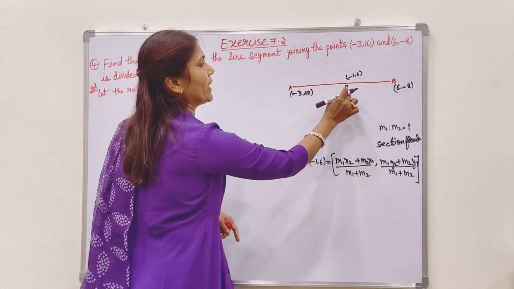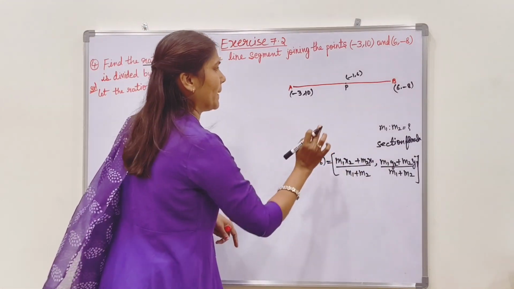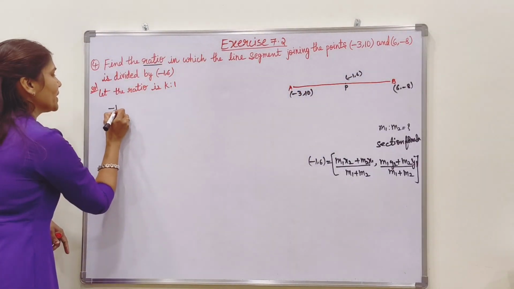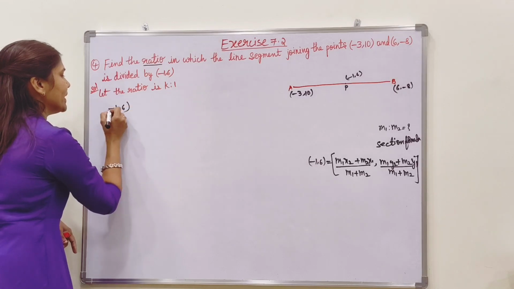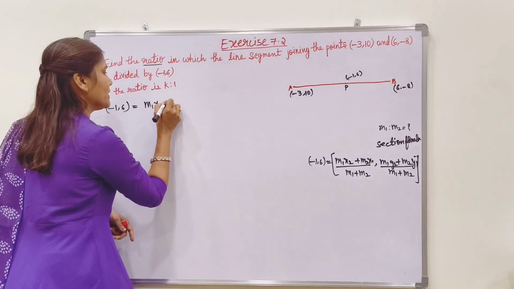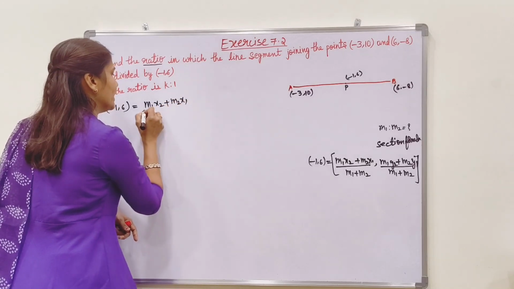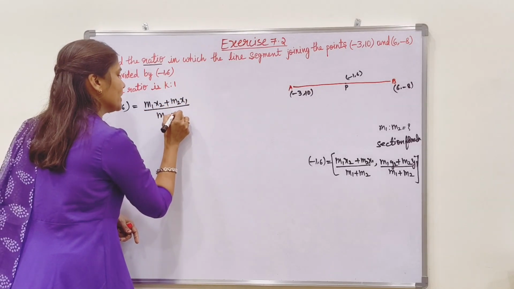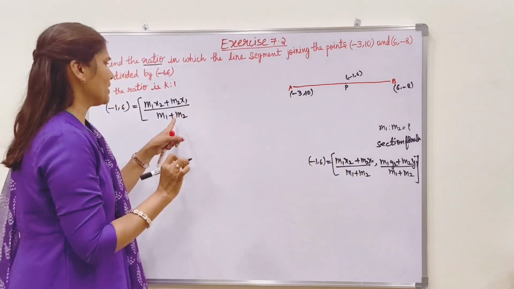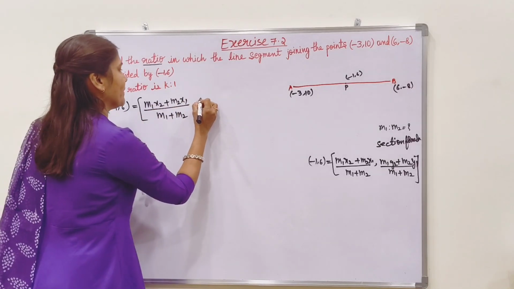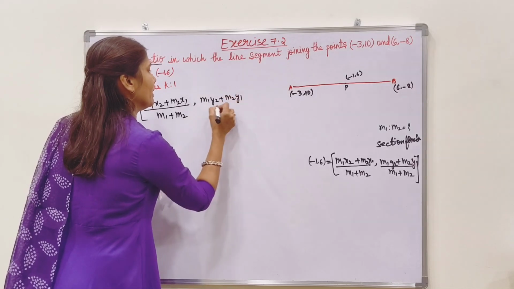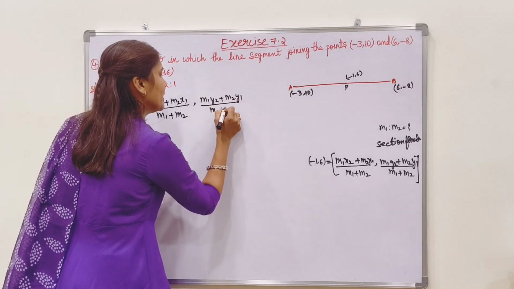The coordinates of P, given in the question as (-1, 6), are equal to M1 X2 plus M2 X1 divided by M1 plus M2, and M1 Y2 plus M2 Y1 divided by M1 plus M2.